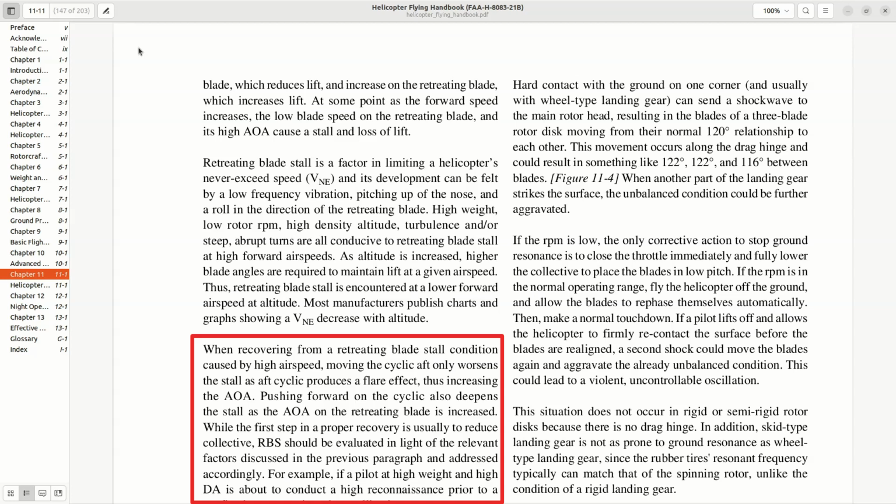One way you can make it a little bit better is to reduce the collective a little bit, but you want to not go too crazy because you might be at the ground. Right? So if you're at the ground when this happens, then it's going to be kind of a bad situation. So that is retreating blade stall.